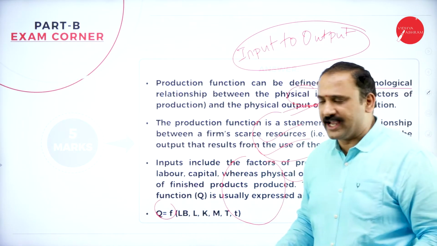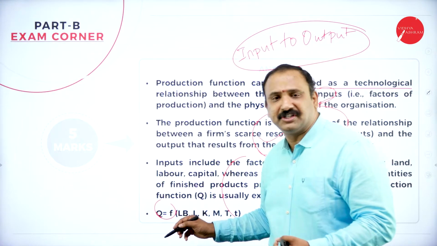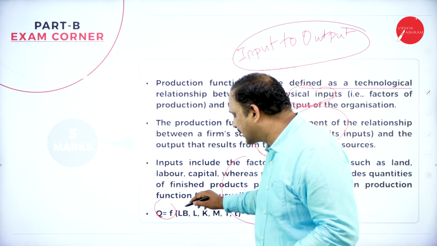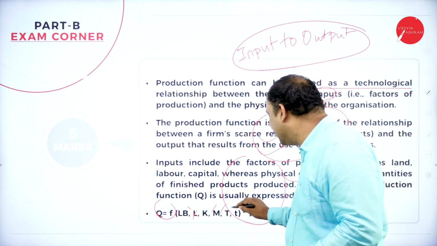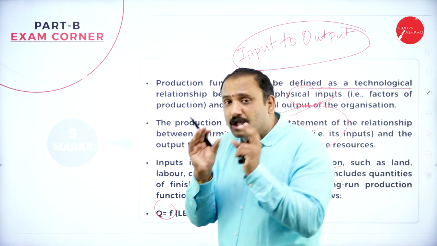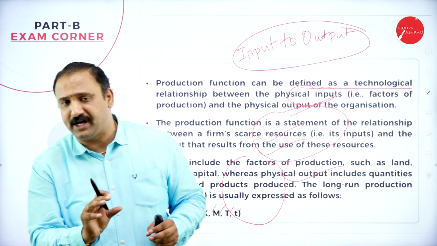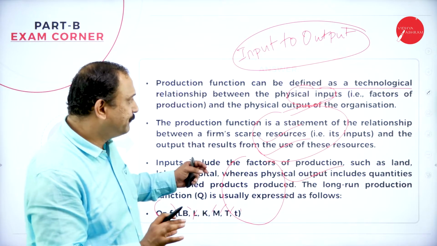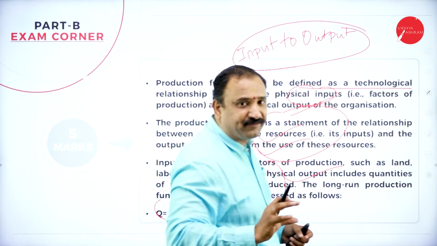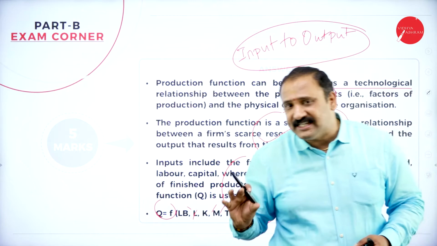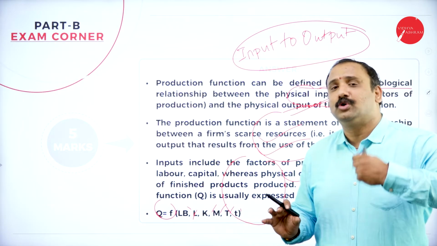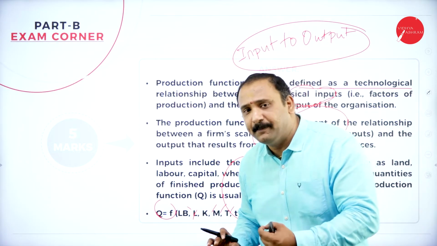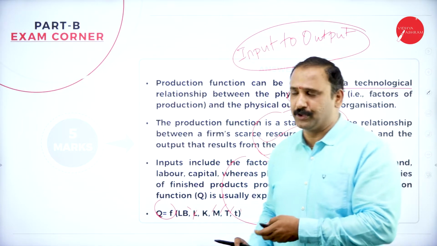So all this put together, we will be able to give the function as: the production function is a function of labor, land, capital, machinery, tools, technologies. All those factors are involved in production. So production is not a simple function, it is a complicated function that involves various factors which is used to transform an input to a meaningful output.